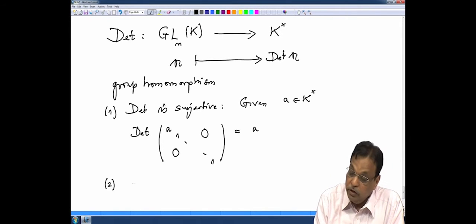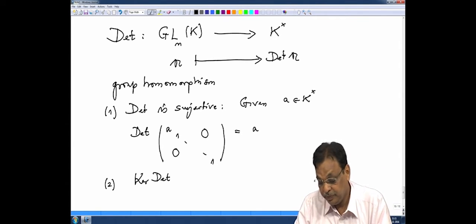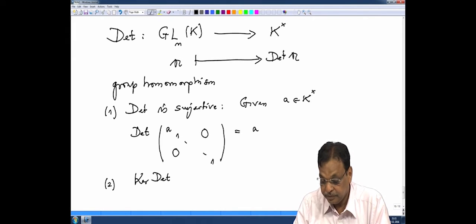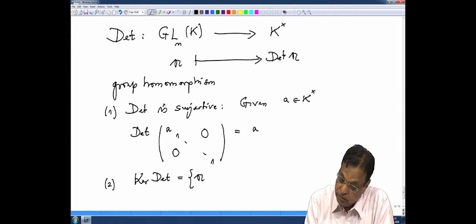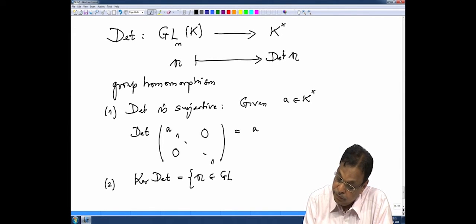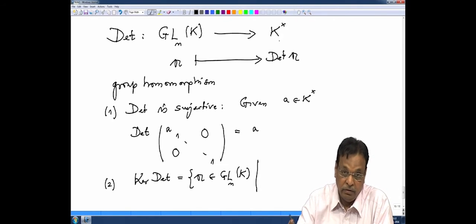Secondly, what is the kernel of this determinant map? The kernel of the determinant map is a very important group, which is the set of all invertible matrices such that it goes to the identity. Remember, the identity in this K cross group is 1.